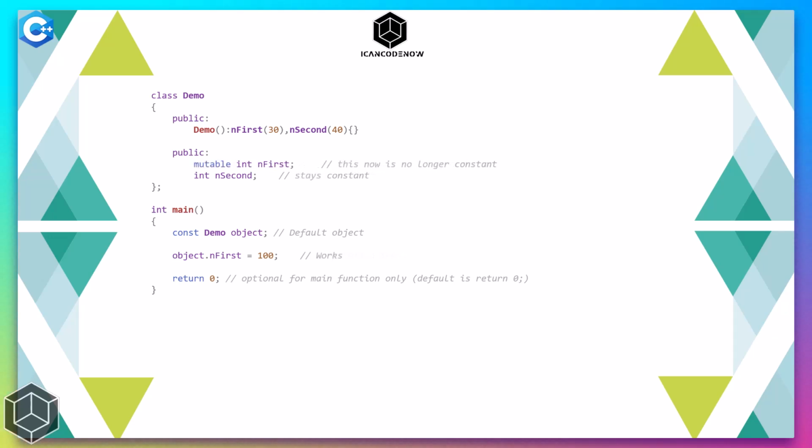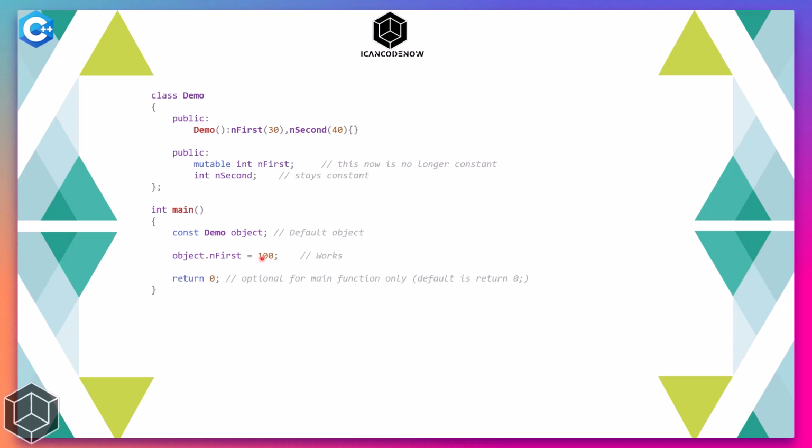But as we said, we can use mutable to make this work. By applying mutable to the n first variable, I can modify this constant object simply by accessing it and changing its value.